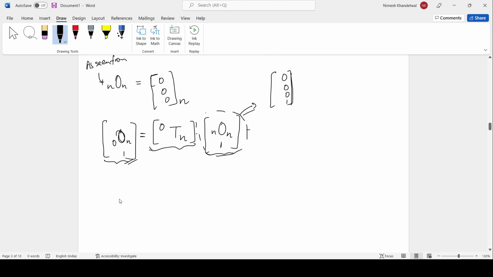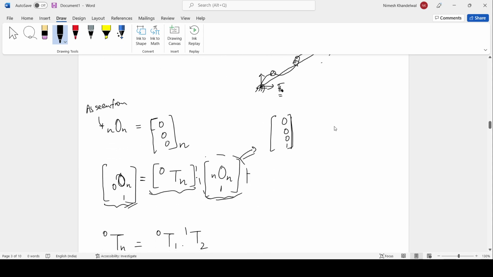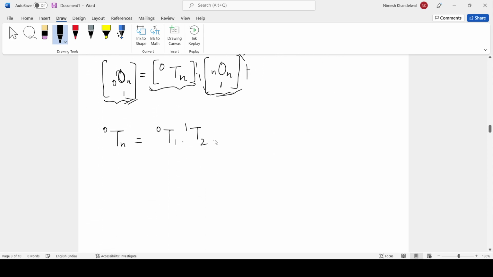But rather than calculating it directly, now you have a method to calculate it. You can decompose it into the relations between the consecutive frames that you have assigned to the consecutive links, or you can say assigned at the consecutive joints to the links, right?